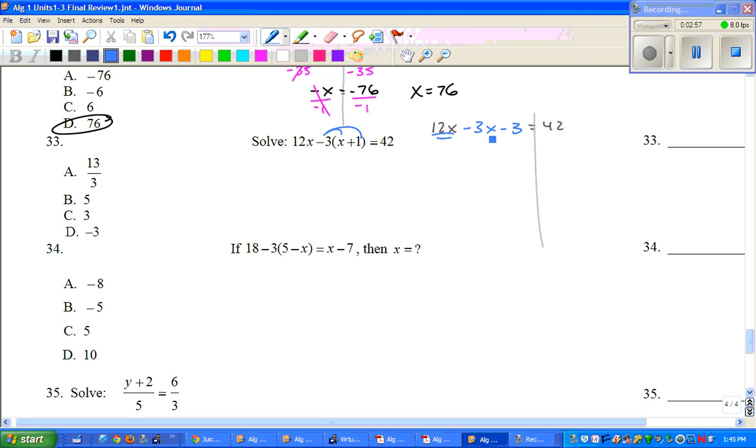And now we can combine like terms, which gives us 9x minus 3 equals 42. Add the 3 to both sides. And you get 9x equals 45. And to get rid of the 9, we need to divide. And our final answer is x equals 5.